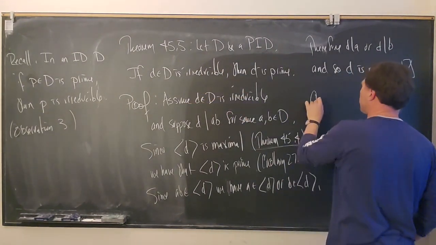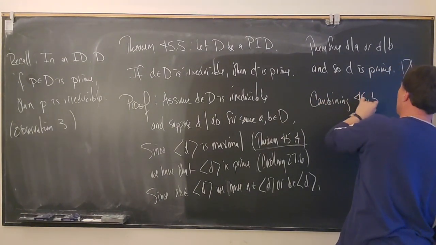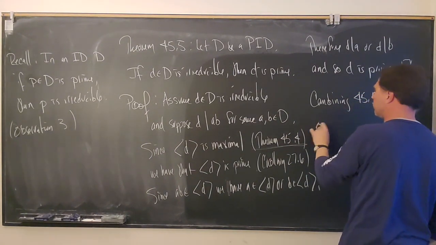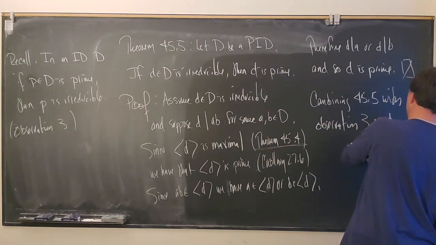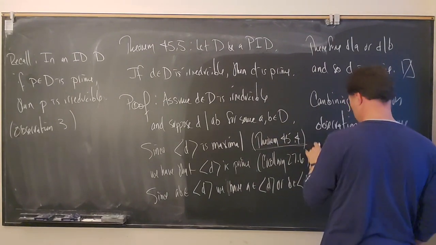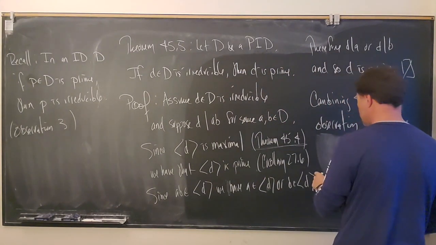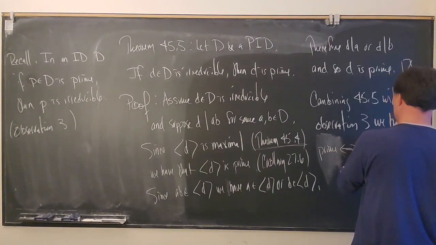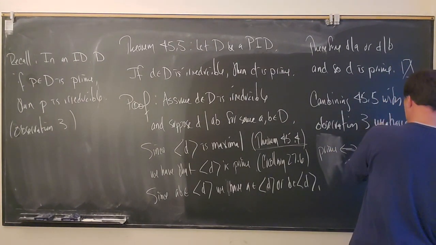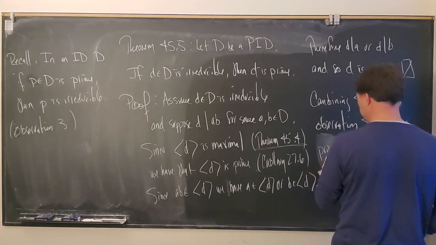Combining 45.5 with observation 3, we have that prime if and only if irreducible in a PID.